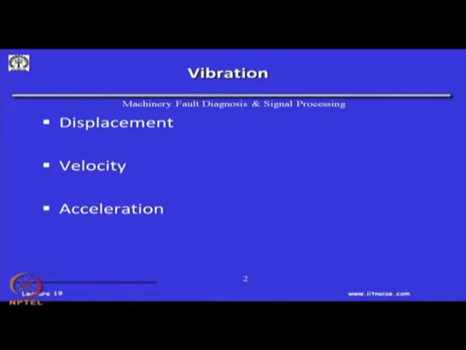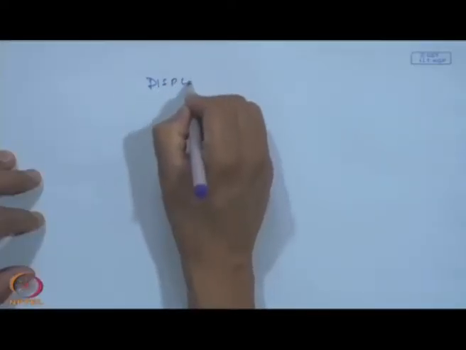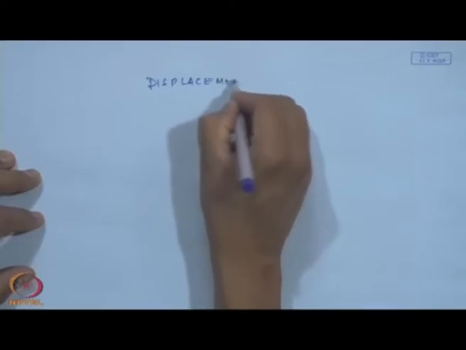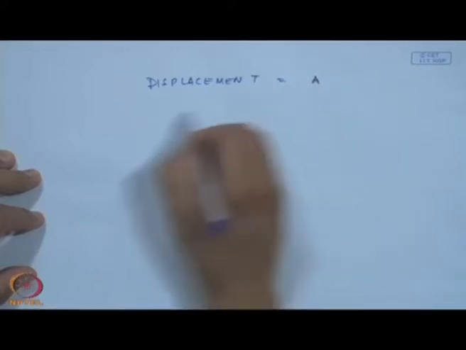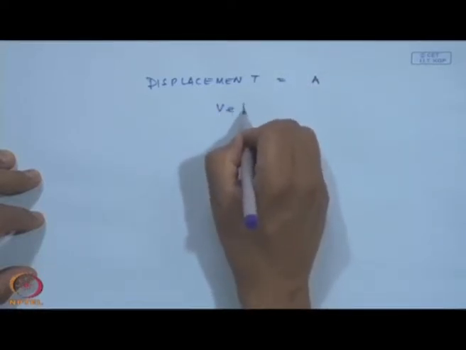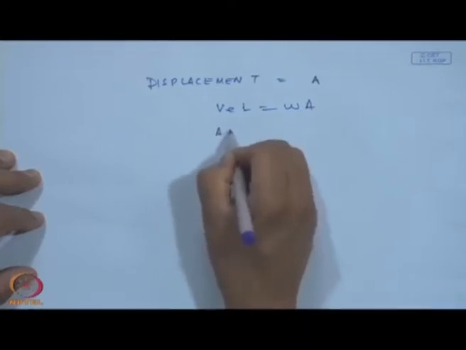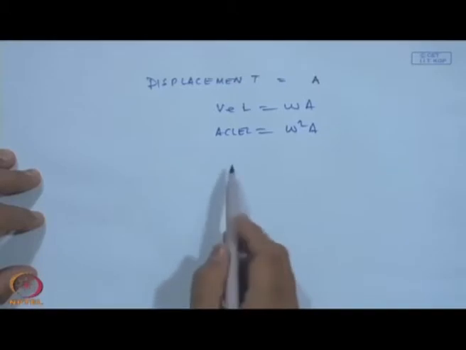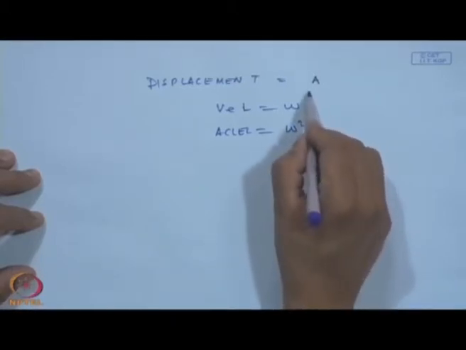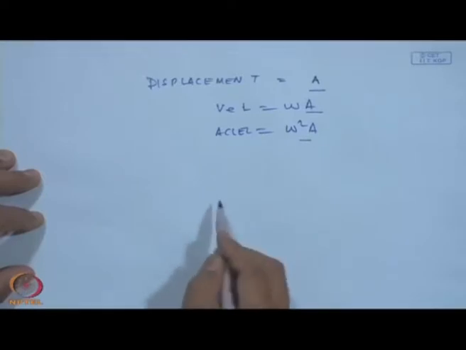So, as you know what is vibration, you all know vibration can be represented either as displacement, velocity or acceleration. Well, if displacement is denoted, the amplitude is denoted as A, velocity is omega A and acceleration is omega square A. So, you see there is always a strong relationship between the amplitude of the quantities measured and the frequencies.